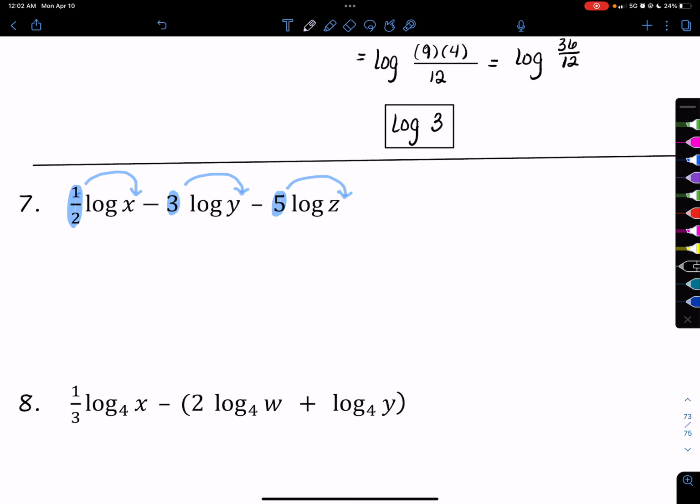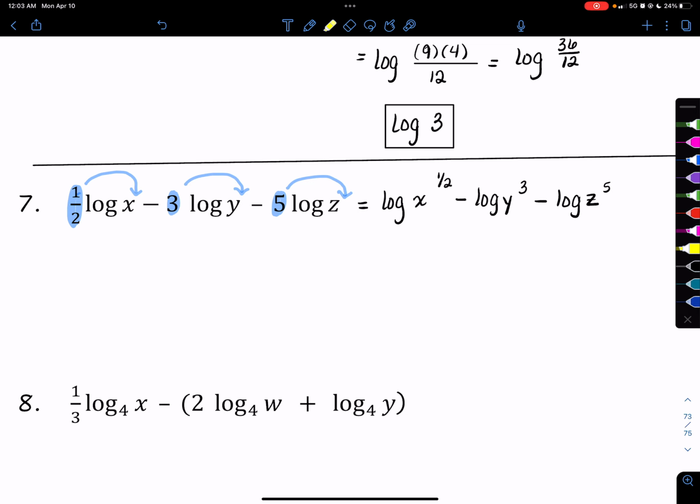All right, so let's go ahead on this one. If I rewrite it, I will have log x to the 1/2 power minus log y to the 3rd power minus log z to the 5th power.